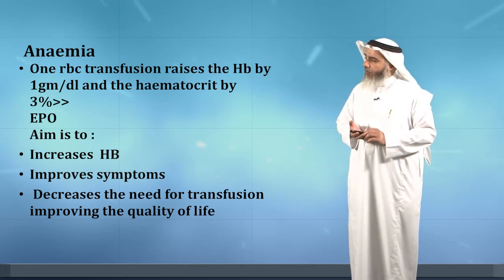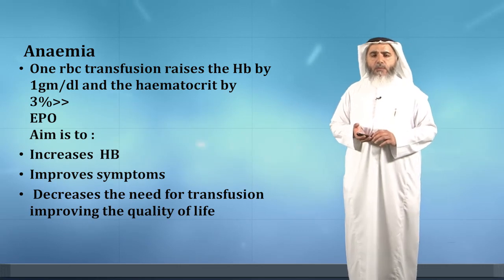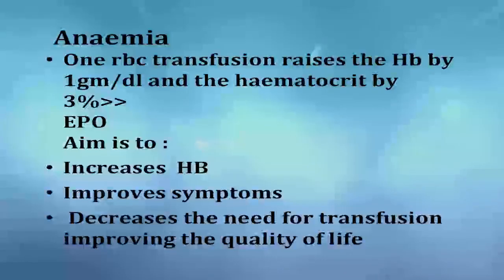If the anemia is because of blood loss related to platelets, you have to correct the platelets. And if you have to give a blood transfusion, usually 1 unit of blood will improve hemoglobin by 1 gram per deciliter and hematocrit by 3%.